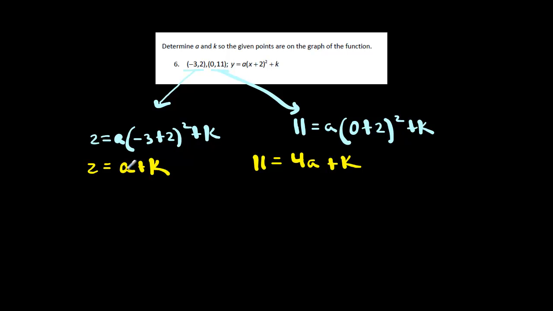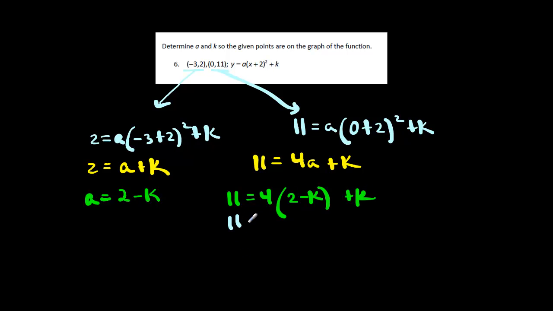So what we can do is we can substitute. What I'll do is I'll solve for a over here by subtracting k from both sides. So I'll have a equals 2 minus k. What I'm going to do now is I'm going to substitute a into here. So 11 equals 4 times a, which is 2 minus k, plus k.